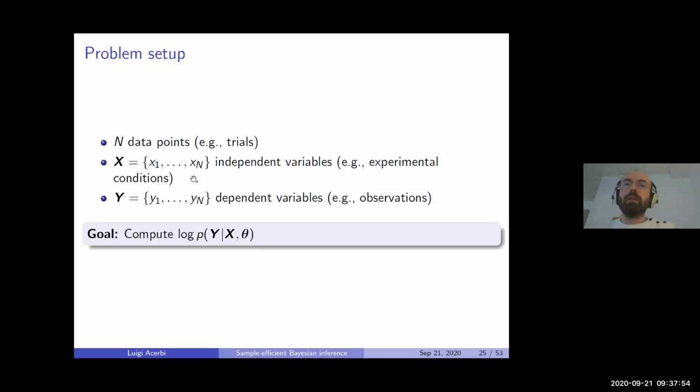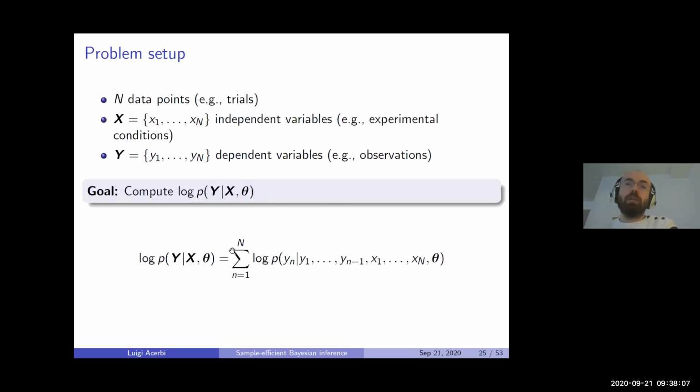Our goal again is to compute the log likelihood of this data set. We only care about the dependent variables, so we put on the right-hand side the independent variables and the model parameters. We can write it explicitly. What I'm writing here is just the explicit log likelihood, there is no assumption here. I'm just unpacking the log likelihood using the basic laws of probability.